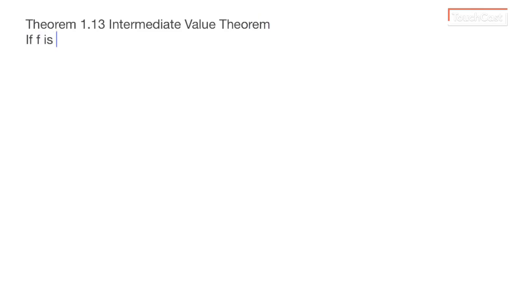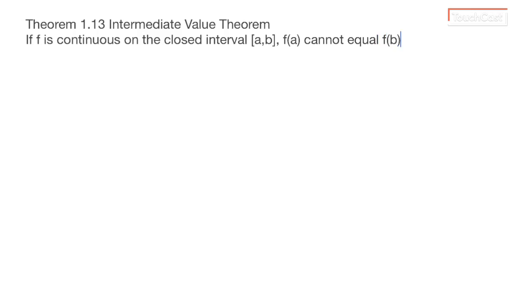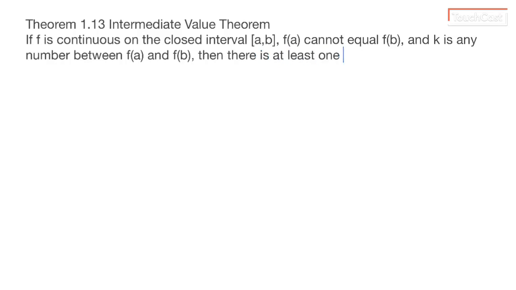What this states is if f is continuous, f is a function, on the closed interval from a to b, and f of a cannot equal f of b, and k is any number between f of a and f of b, then there is at least one number, we'll call it c, in the closed interval a to b, such that f of c is equal to k.